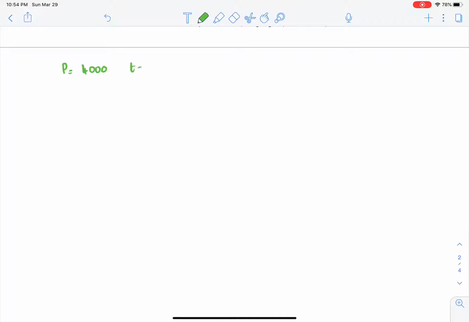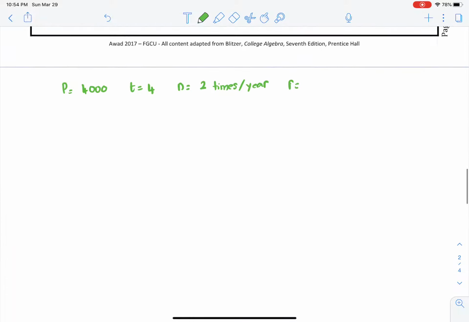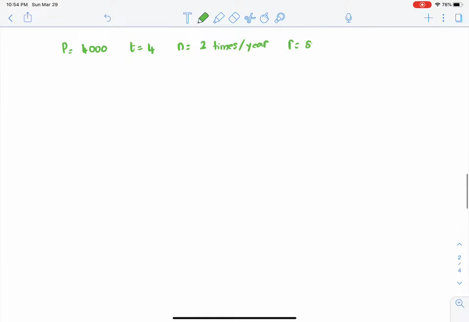The term doesn't change, it's 4. But the number of times is 2 because we apply the rate 2 times per year, semi-annual. And the rate here is 8.3%, so that would be 0.083.